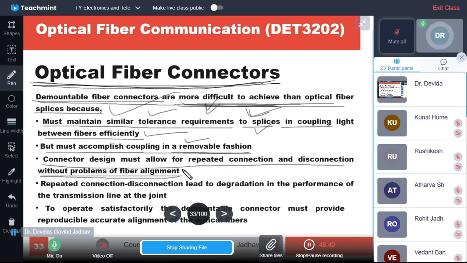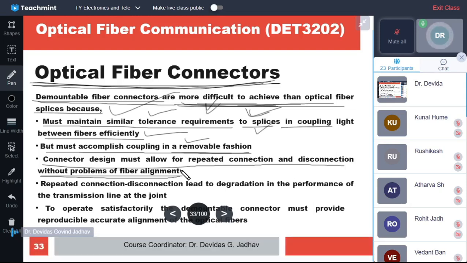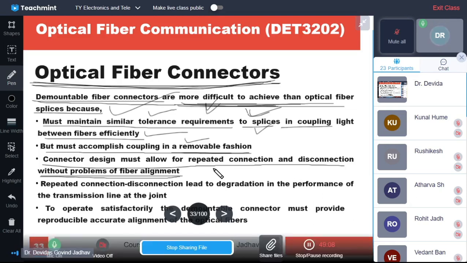connection. So making the connection, many times according to our requirement, while some other work is going on, we are demounting and mounting it, coupling and decoupling it, and that should not introduce the problems of fiber alignment. Fiber alignment must be maintained well, and that is the care taken in this, and that makes it more difficult.